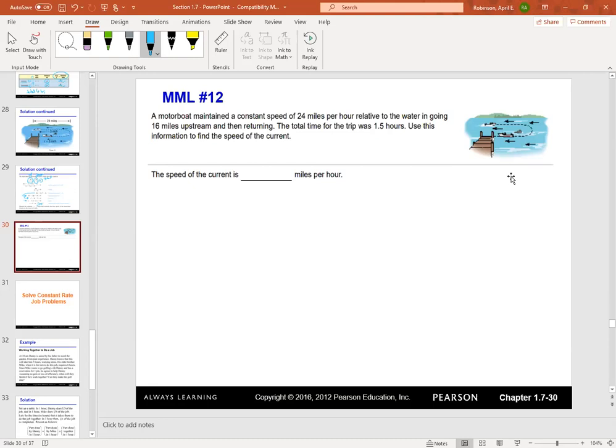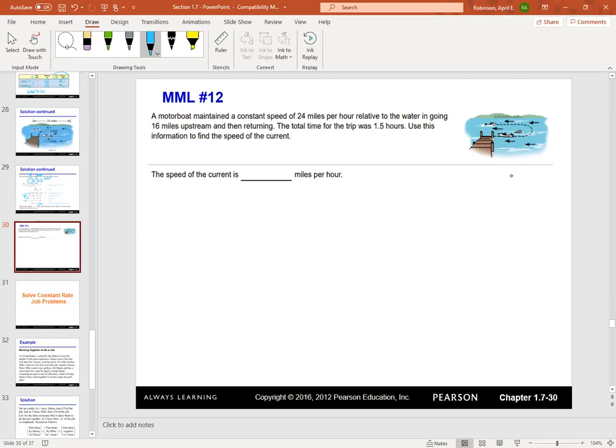The total time for the trip was 1.5 hours. Use this information to find the speed of the current. This time they want the speed of the current. In my math lab example, they wanted the speed of the motorboat. Here we want the speed of the current.